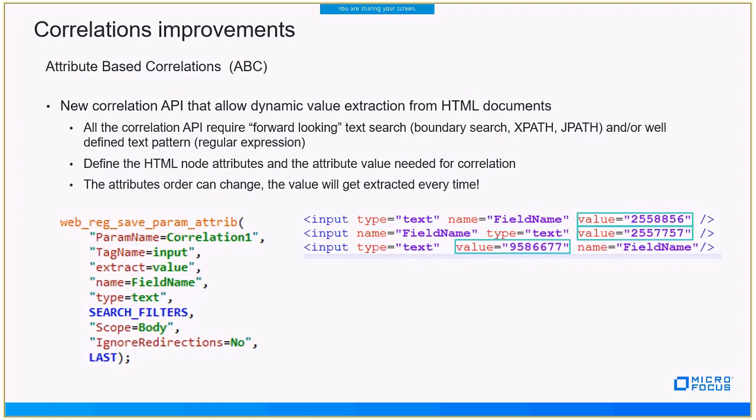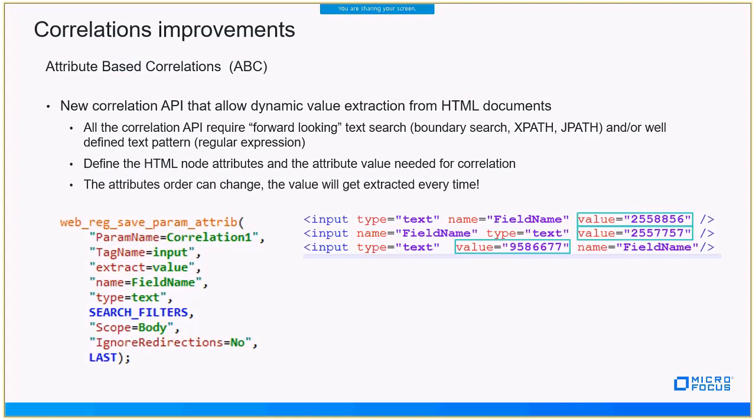In attribute-based correlation, which is relevant for HTML output only, you define the attribute to be correlated, and the rule will capture it, regardless of its location in the output. You can see in the example in the slide deck what I'm talking about. The attribute value, highlighted here, is in different locations in the output, but the rule will capture it regardless.